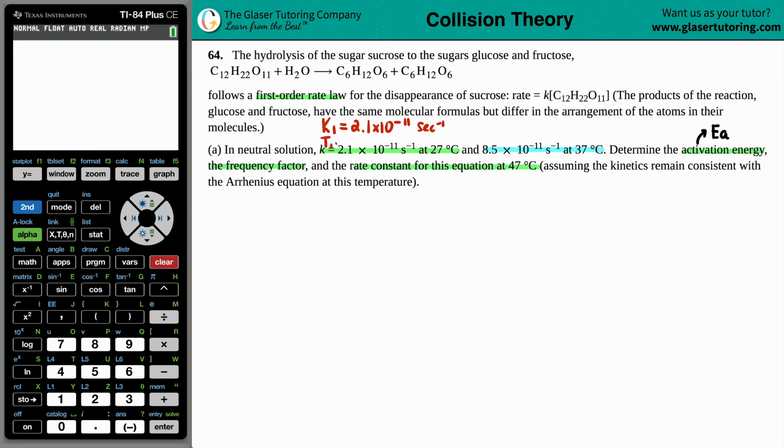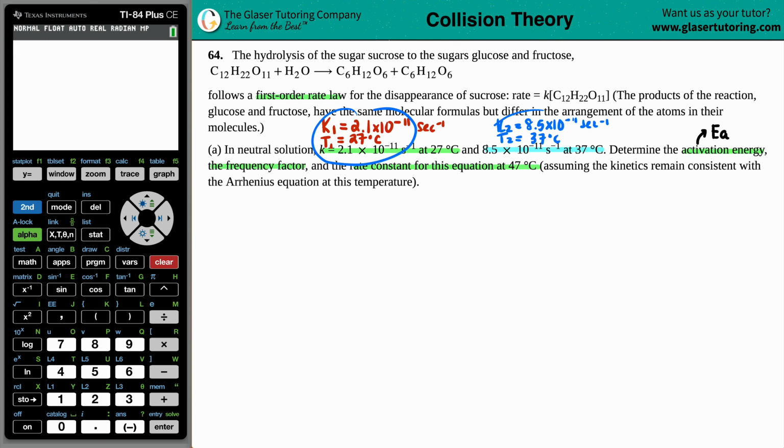And then we have a T1 of 27 degrees Celsius. And then we have a new pair of rate constant with its temperature. So we'll say k2 equals 8.5 times 10 to the negative 11 seconds to the minus 1. And then T2 is 37 degrees Celsius.